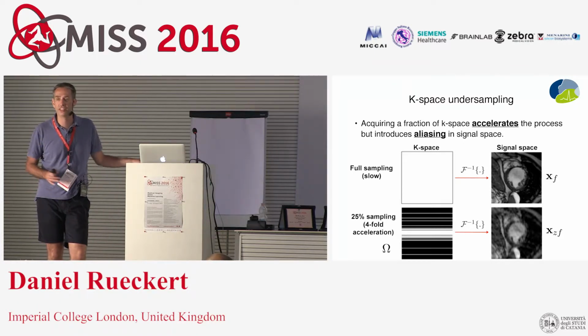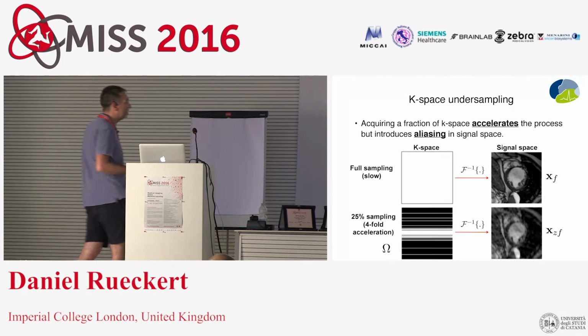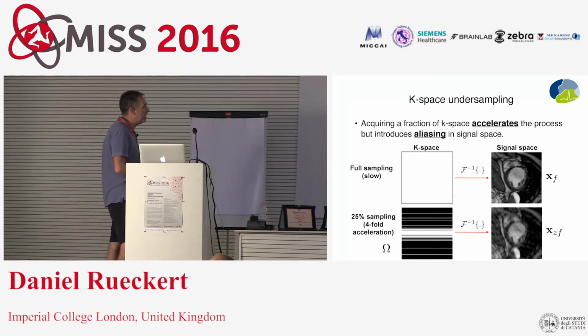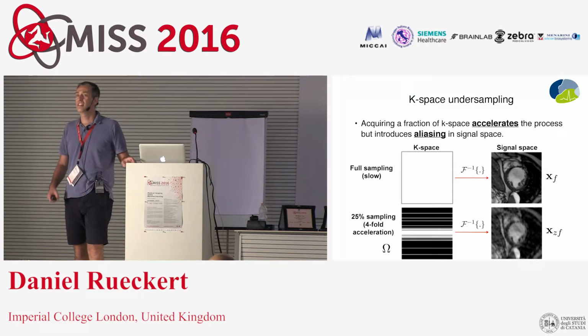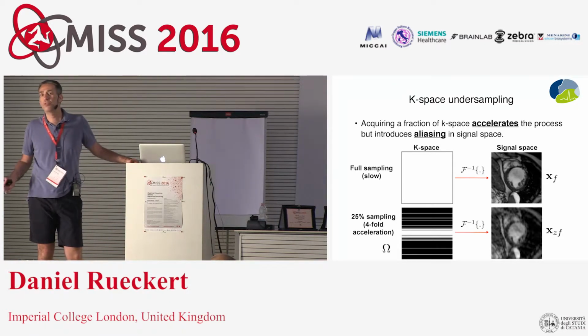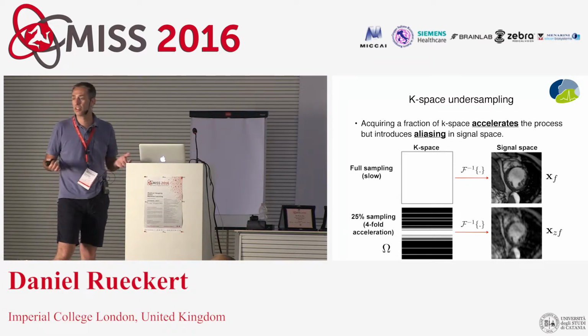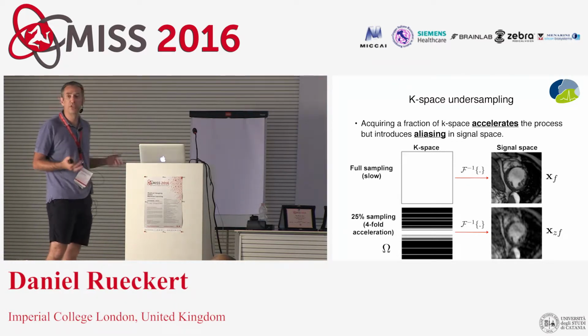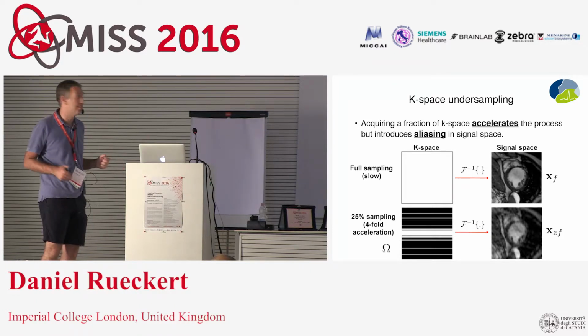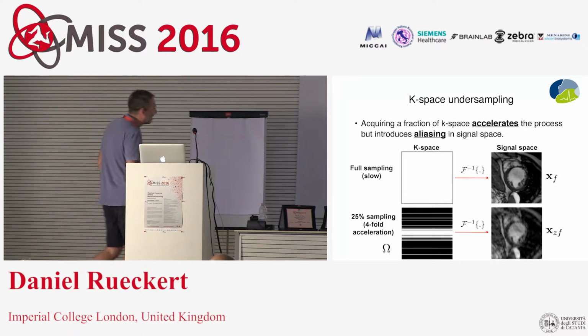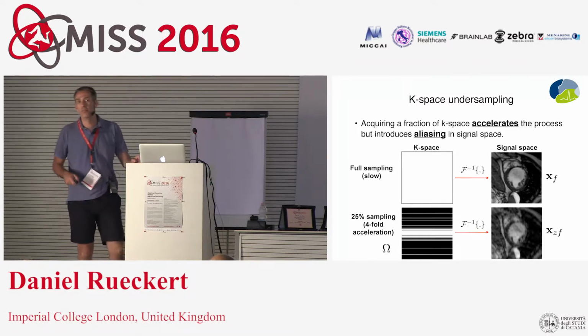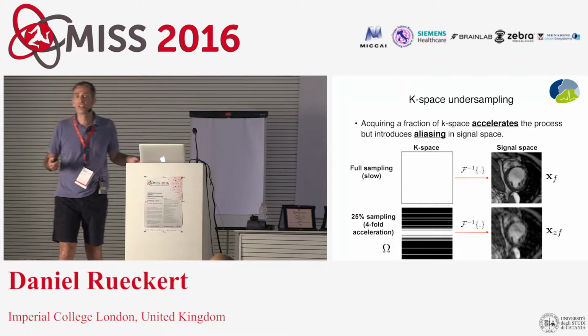That sounds brilliant, and actually it's very nice, but if you look at the image, unfortunately you can't see it very nicely on this projector, it's aliased. Okay? And that's not a big surprise because what I'm doing here is I'm violating Nyquist sampling theorem. So obviously I'm going to get some artifacts in the data. So I can accelerate the acquisition by undersampling, but I end up with a much corrupted image.